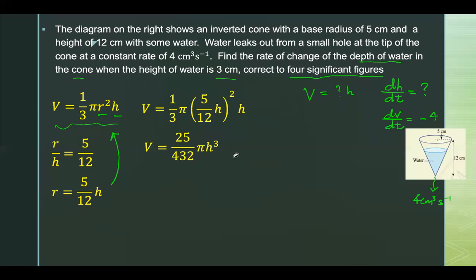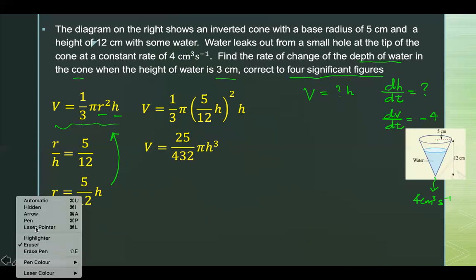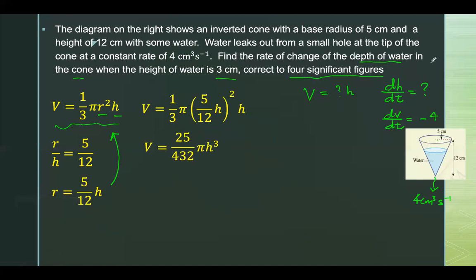All right, therefore, now we need to find dV dx. Okay, sorry. So I forgot. Here we need to find dV dH when H is 3. So we do dV dH.